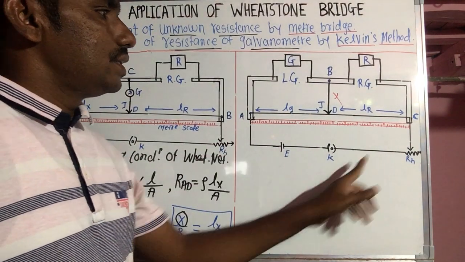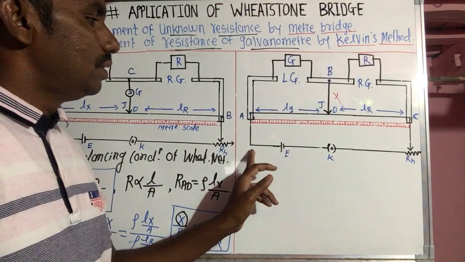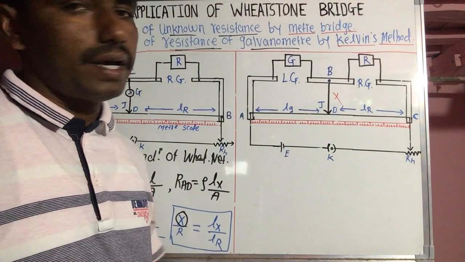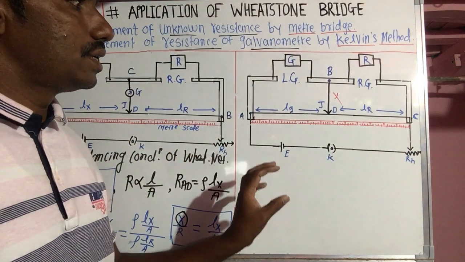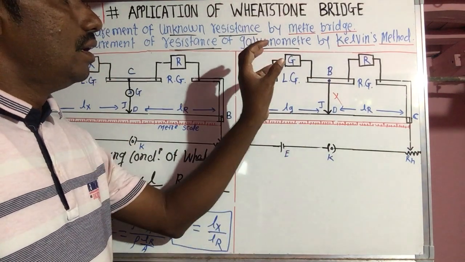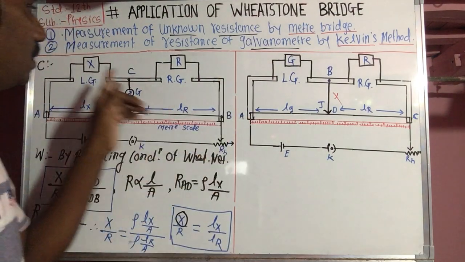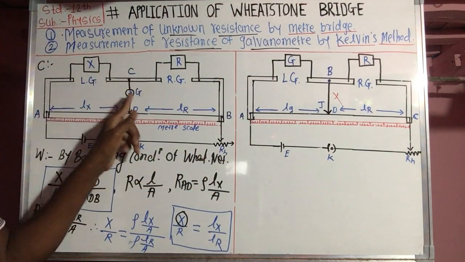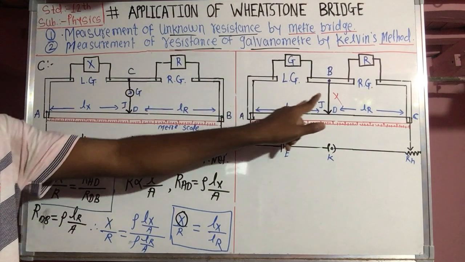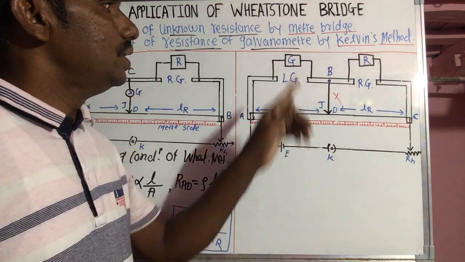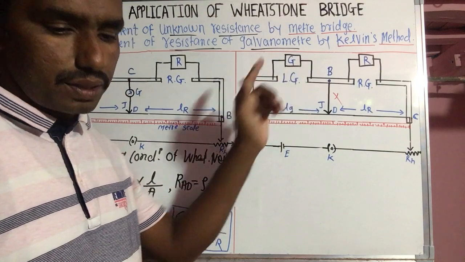Between points A and C we connect the battery of EMF E, plug K and rheostat RH. These are all the connections. The only difference is that in the left gap we connect the galvanometer by replacing the unknown resistance, which is removed from this circuit. Now we calculate G, the resistance of the galvanometer.